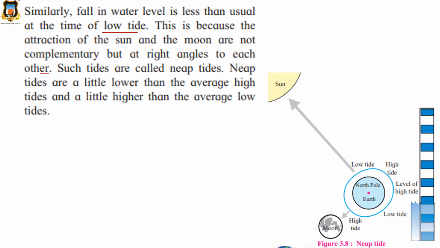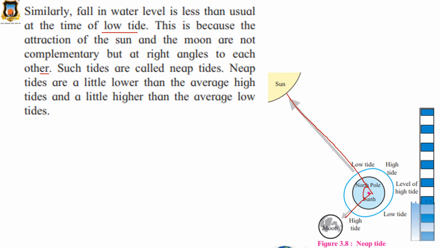What is neap tide? See here. The sun's gravitational pull is here. And now the moon is here. And the angle which is formed over here is the right angle.